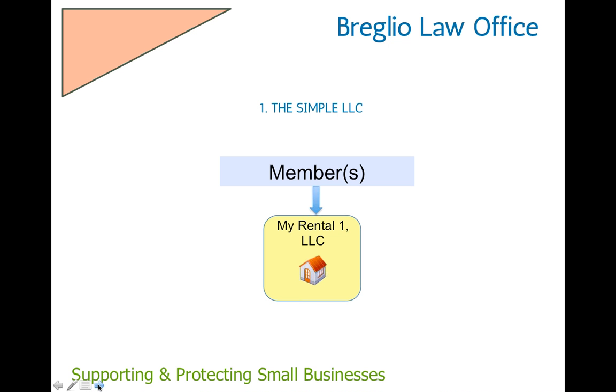And you put your rental property into the LLC, which we're calling My Rental One LLC. Now, if you notice that the house is inside the LLC, that means the LLC holds title. So when you close, and this is one of the reasons why you want good escrow officers and title officers that know what real estate investors are doing, to make sure that you title these correctly, you'll title the house in the name of the LLC.